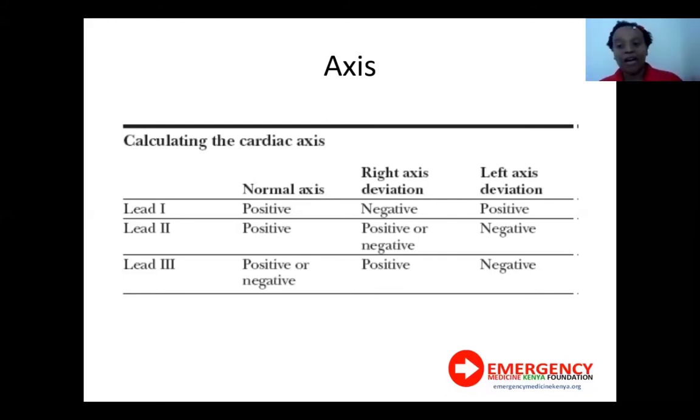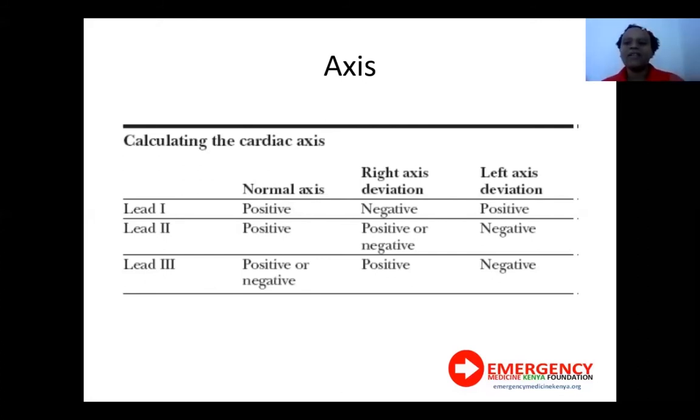So if I'm having a right axis deviation, I should have my lead 1 QRS complex facing downwards, and my AVF, which is on my left side, should be facing upwards, on the positive side of the X and Y axis.